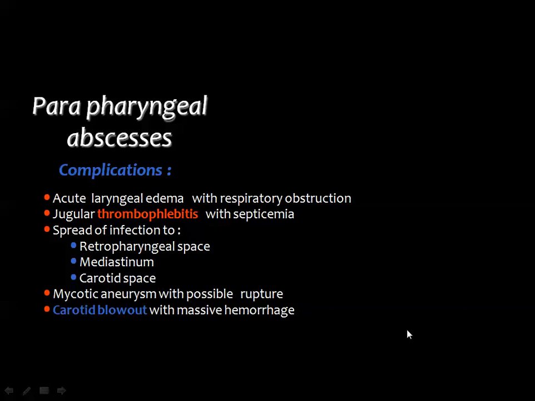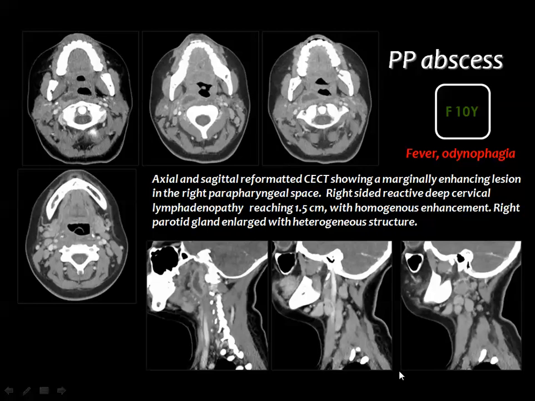Then the abscess has a similar way of spreading into the retropharyngeal space, downward into the mediastinum, and of course into the carotid area. And this is the parapharyngeal abscess.